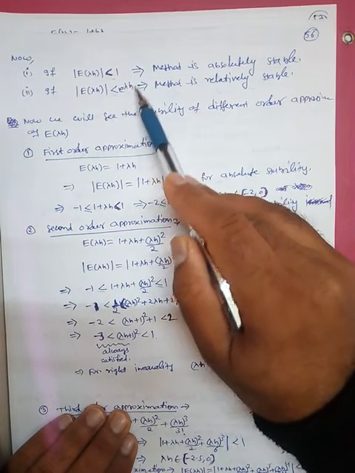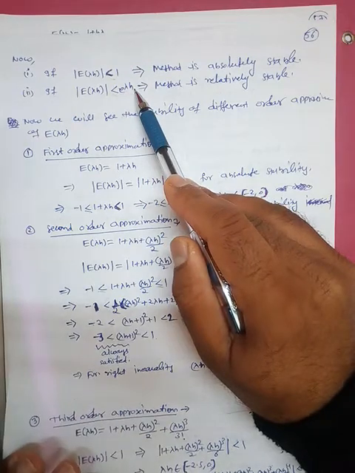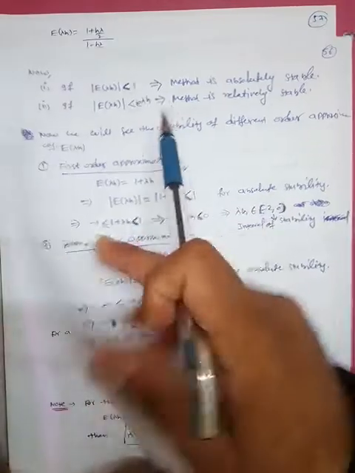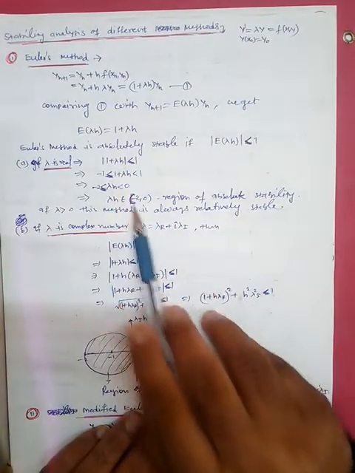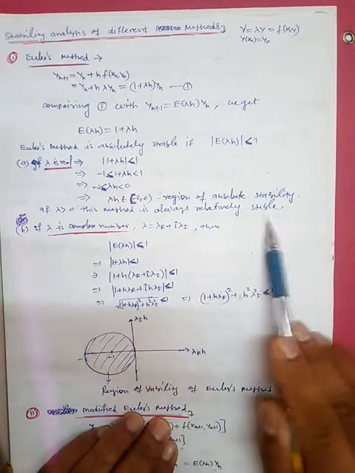So obviously we always have a relatively stable method. In that case our method will be relatively stable if λ is greater than 0.